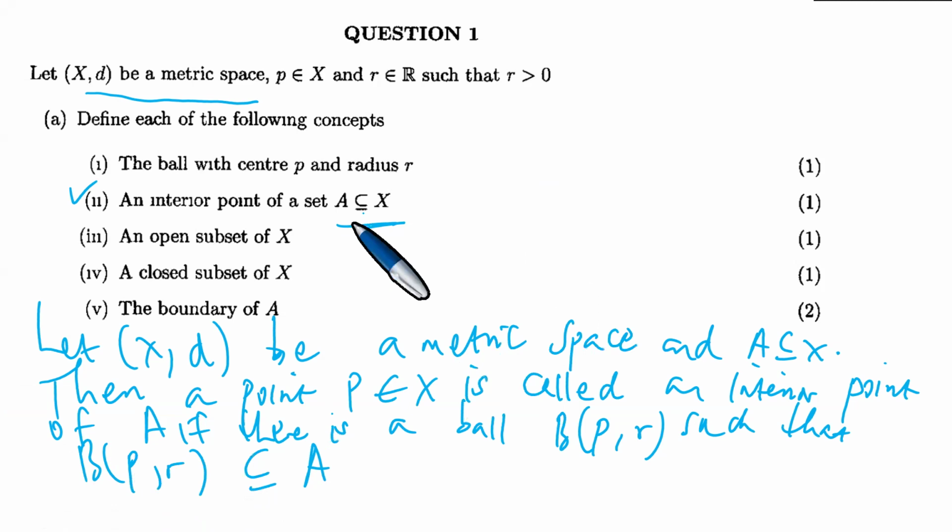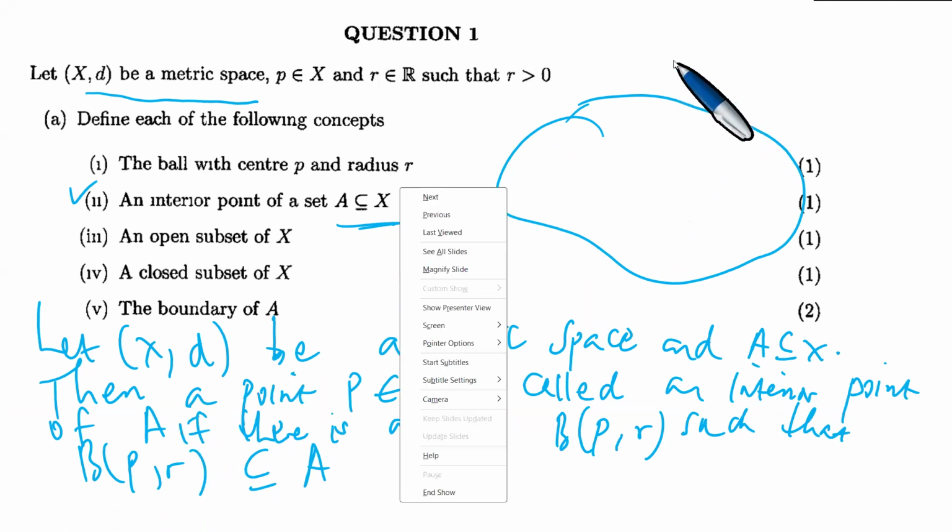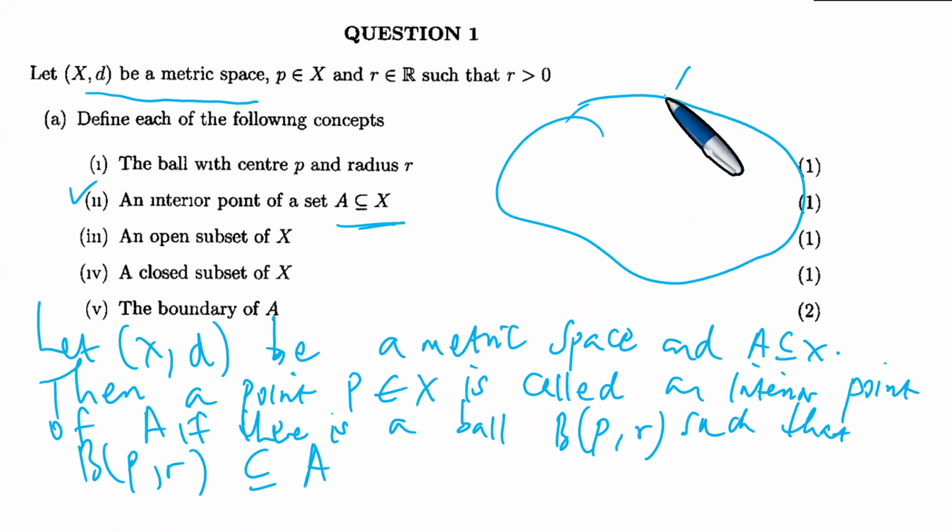It would mean that we have a metric space (X, d), and there's a subset A of X.